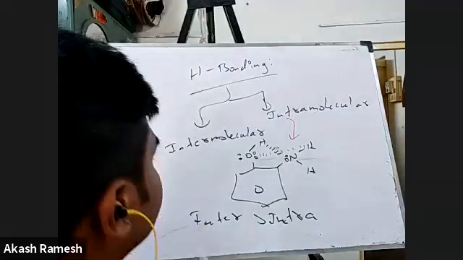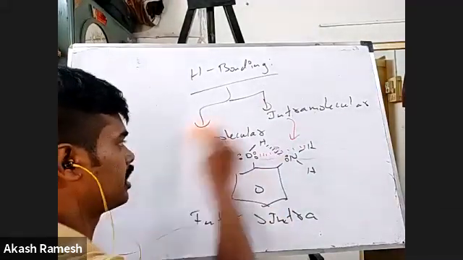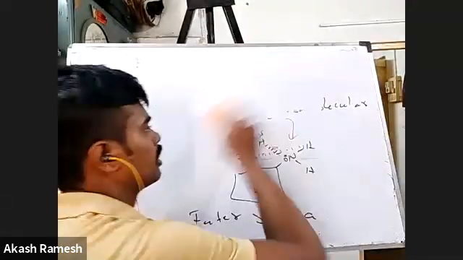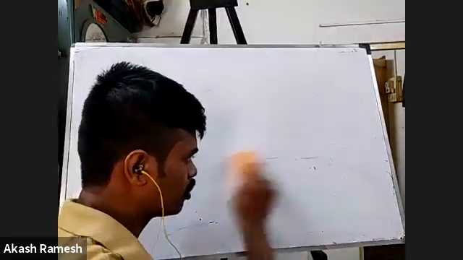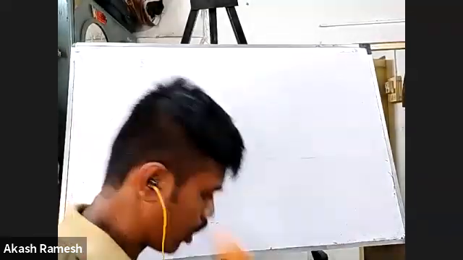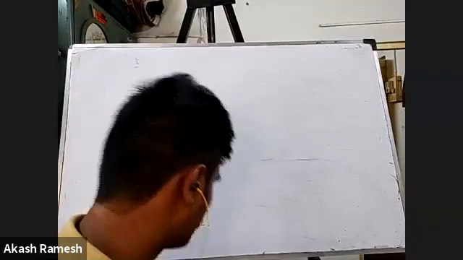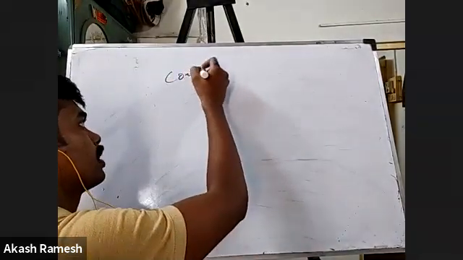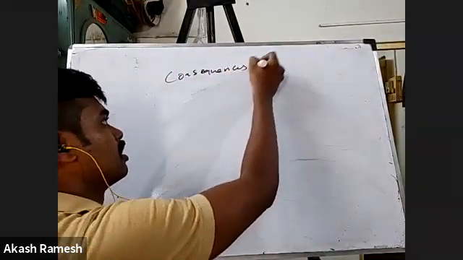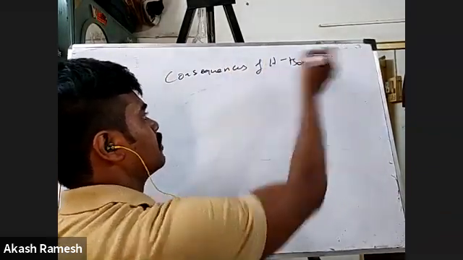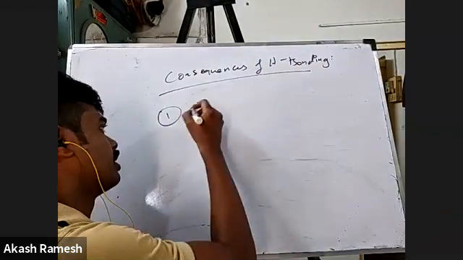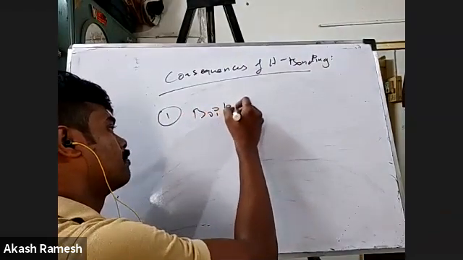How? Okay, we'll see that. Cool. So this is about intermolecular, intramolecular. So we're going to speak about the consequences of hydrogen bonding. So among this, the first one is my boiling point.